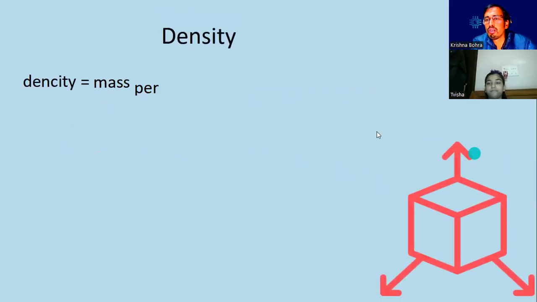So we have understood volume, and now comes a little bit confusing term, which is density. We confuse this term sometimes with mass, sometimes with volume, but there are some basic differences as well. Now let's have a look at this object. We are going to make a cube of 1 meter length, 1 meter height, and 1 meter breadth.